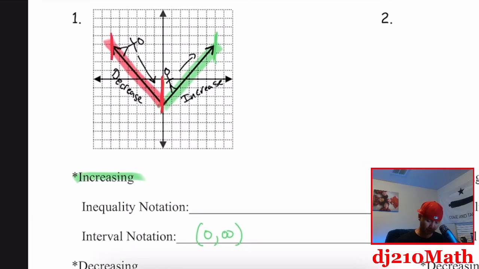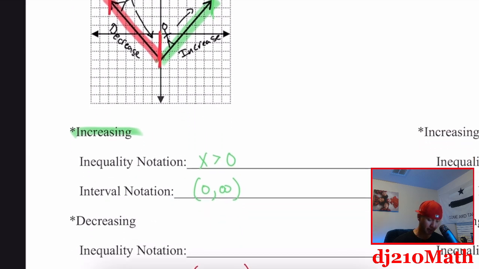For the inequality, you turn the intervals into inequalities. So this interval is saying I want every number that's larger than 0. Typically you write x first, and then whatever x value. So we want all the x values larger than 0. That's what this is saying.